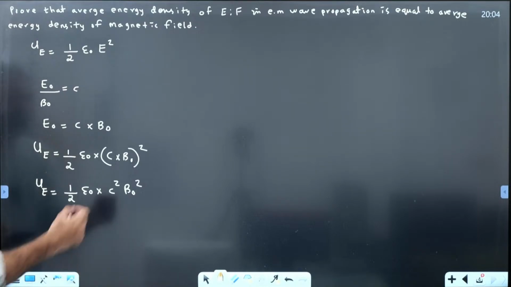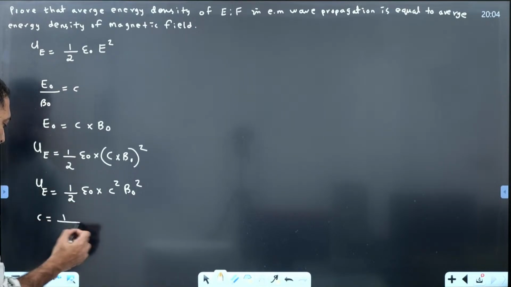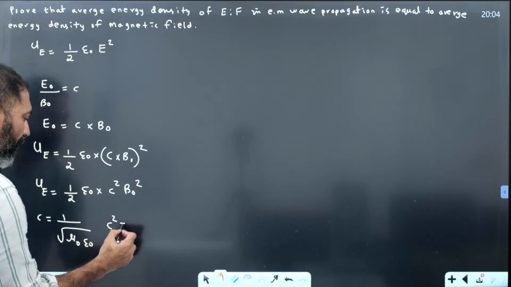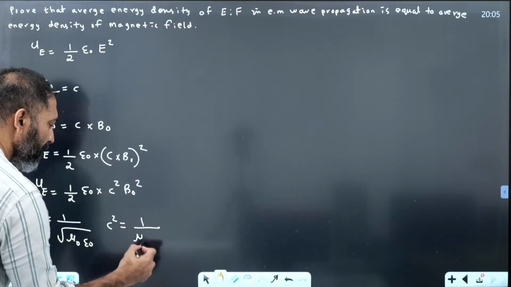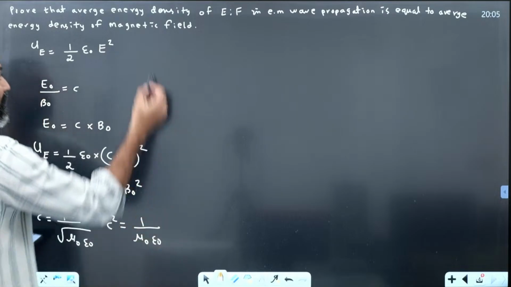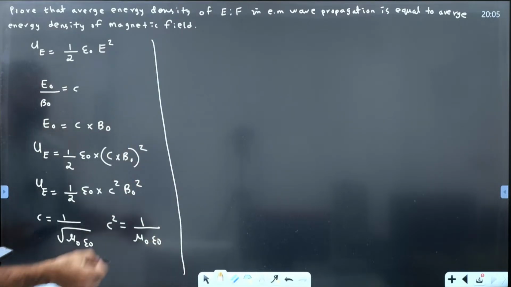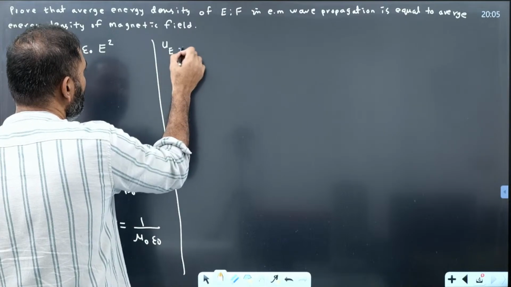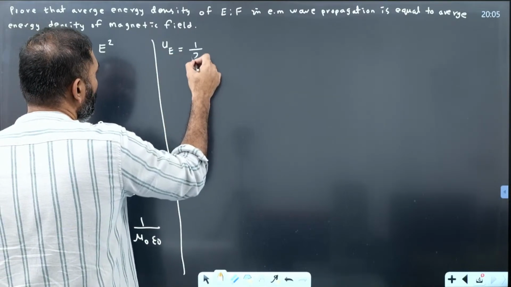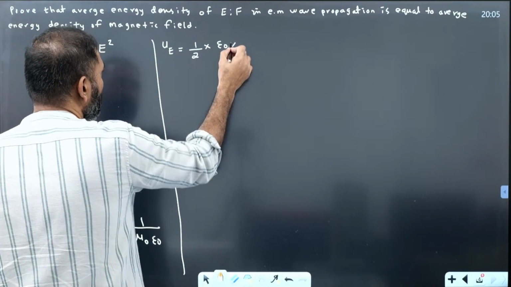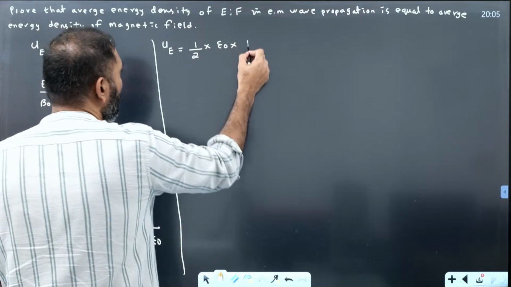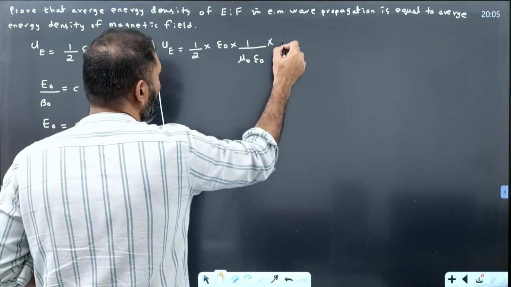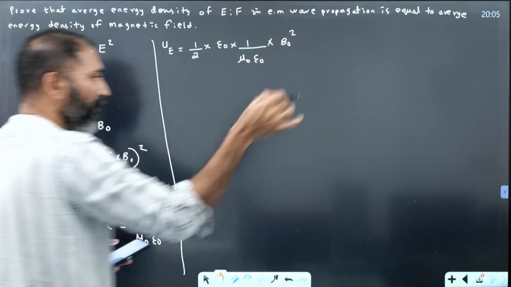Now, what is C? We know the relation C is equal to 1 by root mu 0 epsilon 0. So what is C square? 1 by mu 0 epsilon 0. So whenever I see C square, instead I can write 1 by mu 0 epsilon 0. So average energy density is half into epsilon 0 into 1 by mu 0 epsilon 0 into B square, or B0 square.